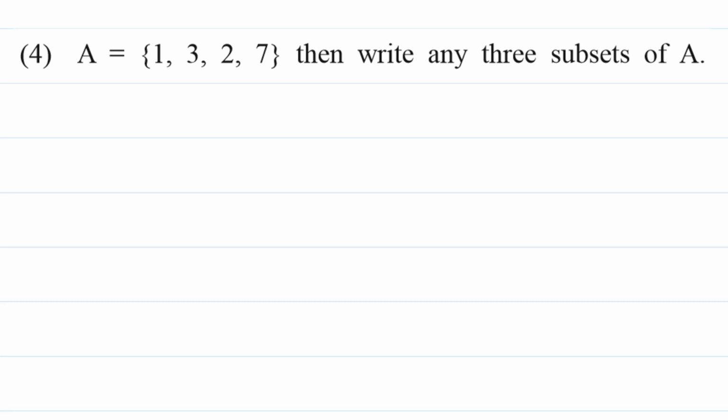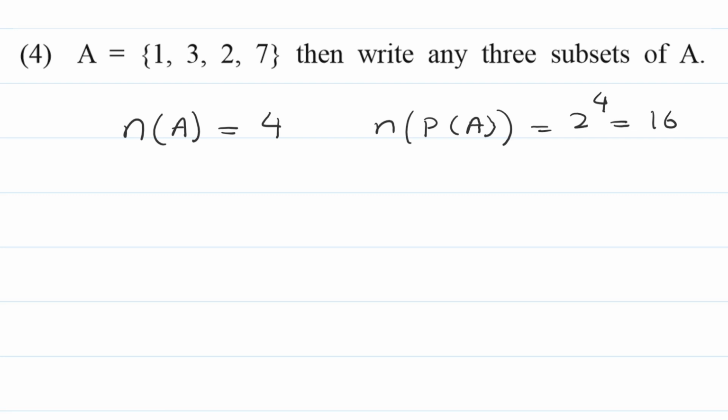Set A has 4 elements 1, 3, 2 and 7. Write any 3 subsets of set A. Now we know that when cardinality of set A is 4, then the cardinality of power set of A is 2 raised to 4, that is 16.